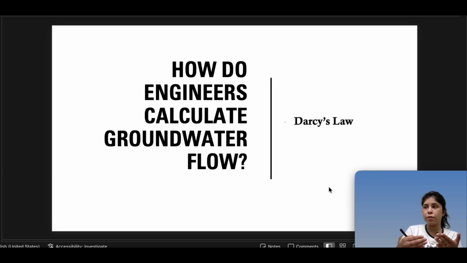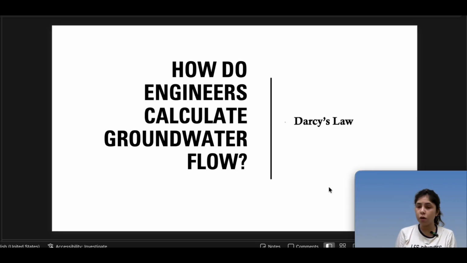If we know how fast the water can come from the ground to us, then we have an actual idea of how much energy we need. That's why we have to calculate the groundwater flow.